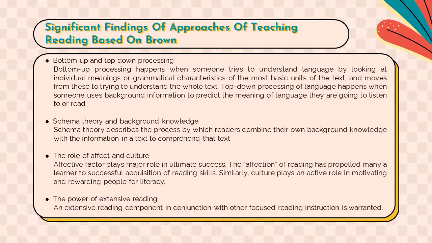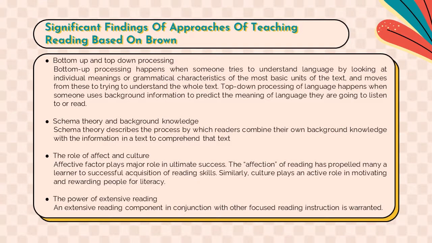The second is schema theory and background knowledge. Schema theory describes the process by which readers combine their own background knowledge with the information in a text to comprehend that text. The third, the role of affect and culture. Affective factor plays a major role in ultimate success.